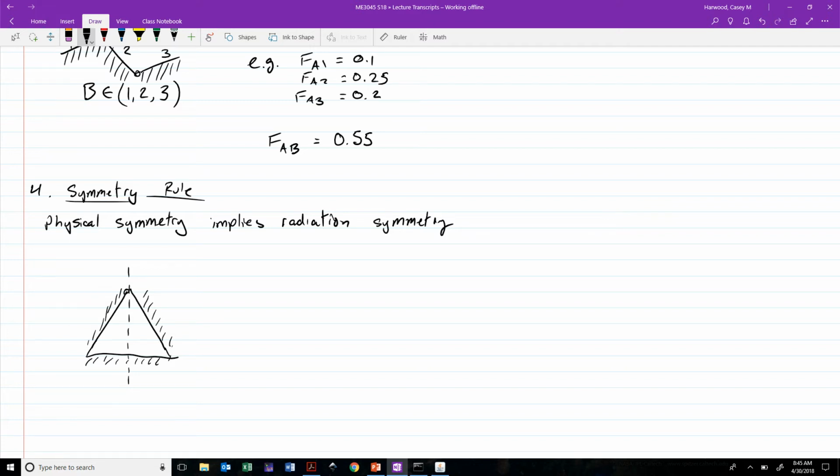We've got surfaces 1, 2, and 3, and the whole triangular thing is symmetric about this line here.